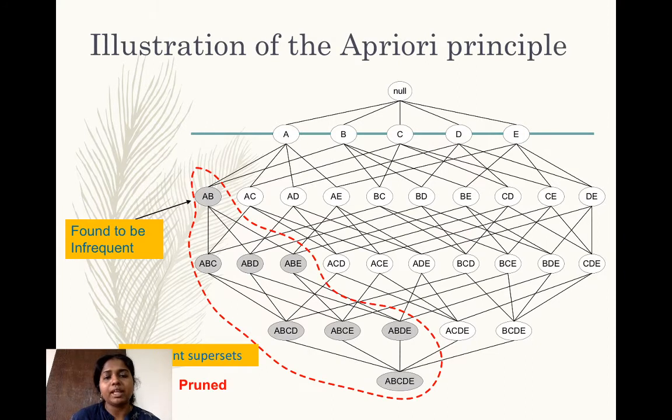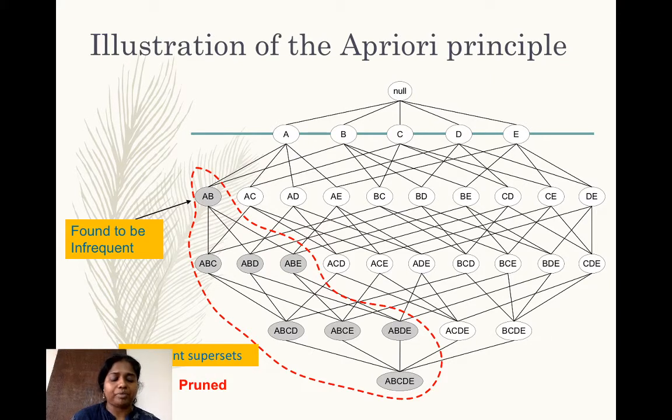So, having that in mind, when we generate combinations of one item set or two item set or three item set or k item set, if one of them is not frequent, then none of its supersets will also be frequent, or none of the other combinations having that k item set will be frequent.